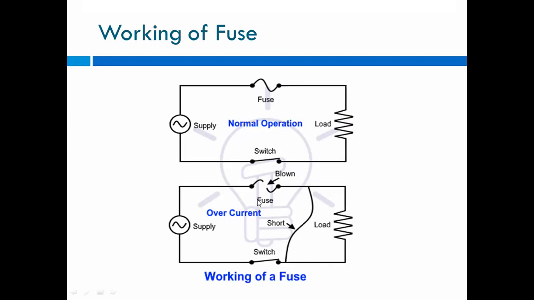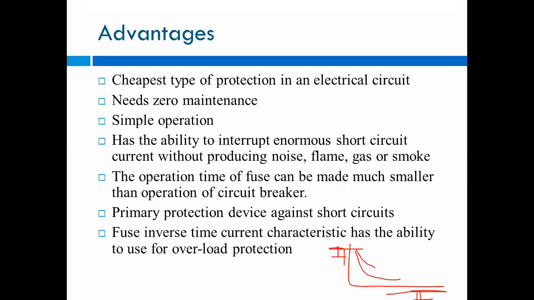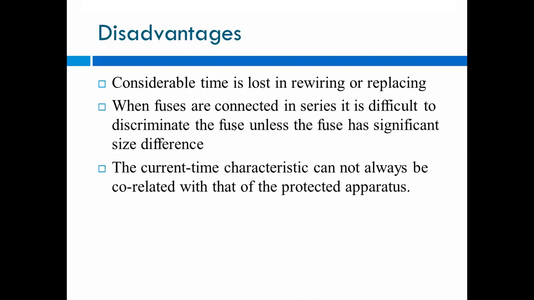Okay, so this is the working of a fuse. Here a short circuit has happened, that is one type of fault. Then there are different advantages of these fuses, that they are very cheap as compared to other elements, right? And the main disadvantage is that we have to replace that fuse every time, means it takes some time for rewiring and replacing.